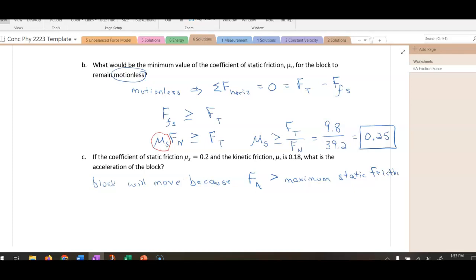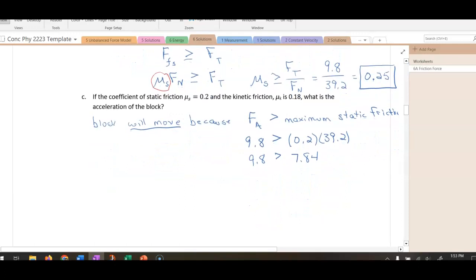Right? The applied force is 9.8, and that's bigger than 0.2 times 39.2. 9.8 is larger than 7.84. Okay, so the block will move.